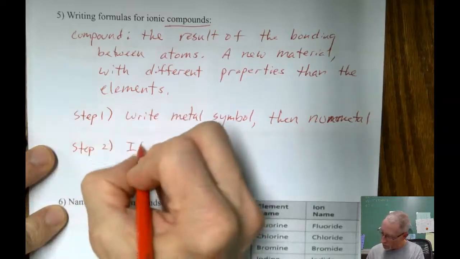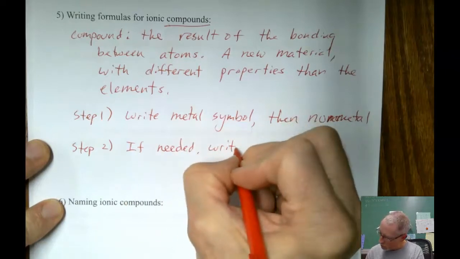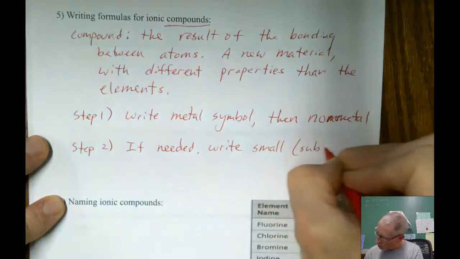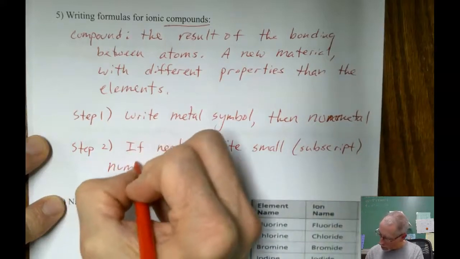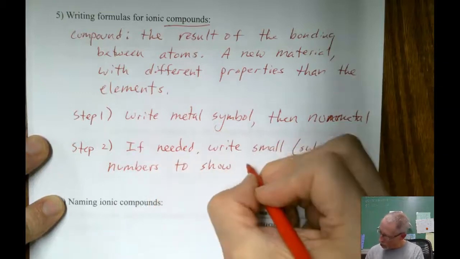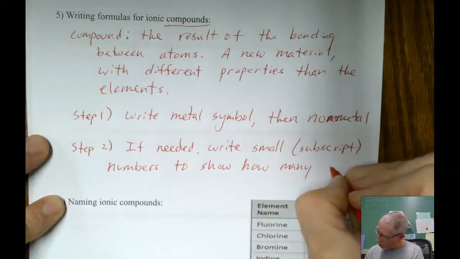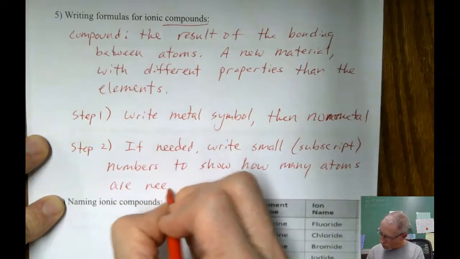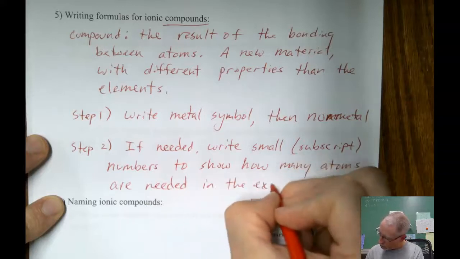Step 2. If needed, write small numbers, we call these subscripts, to show how many atoms are needed in the exchange.